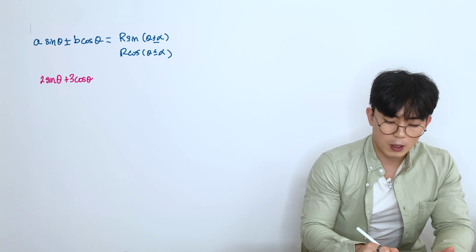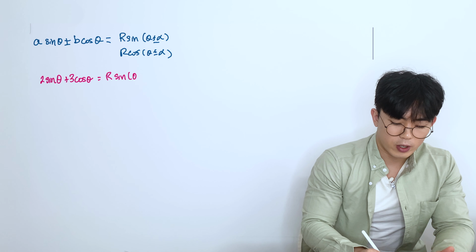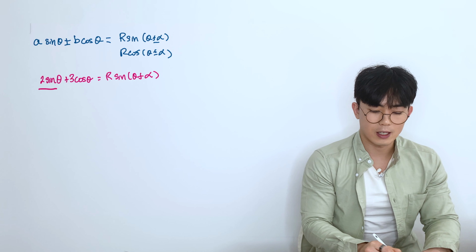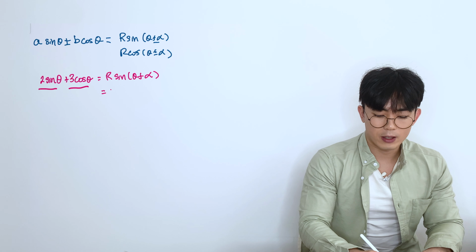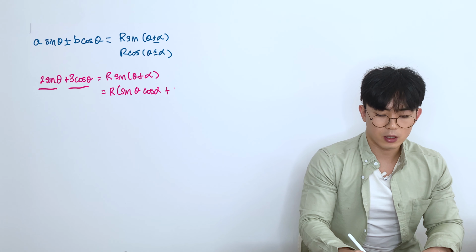In this case, what I'm going to change it into is r sine theta plus alpha. The reason being is because of the way these two are written out. I can expand this using the compound angle formula, saying it's r sine theta cos alpha plus cos theta sine alpha.